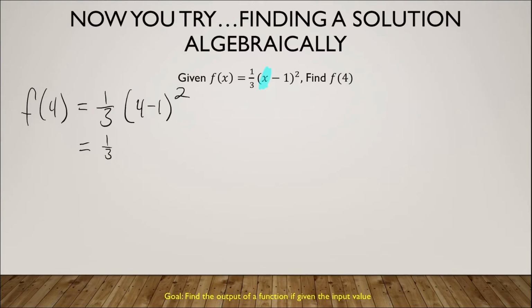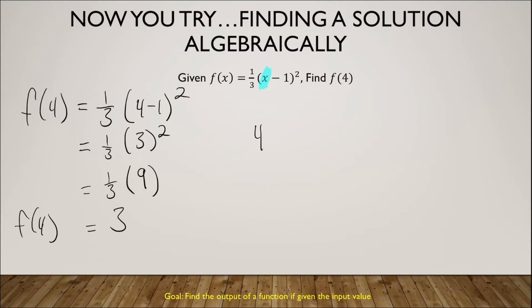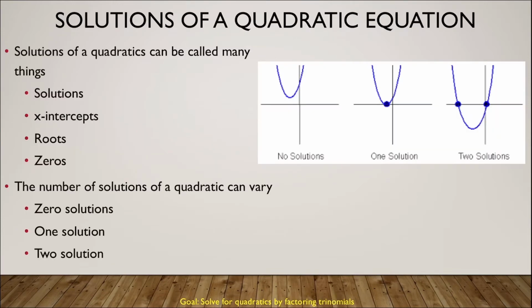Inside the parentheses first, 4 minus 1 is 3 squared. We get 1/3, 3 squared is 9, exponents, and now we can do our multiplication. 1/3 of 9, or 9 divided by 3, gives me 3. So I know f at 4 is equal to 3, and as a coordinate pair, that'd be 4, 3.